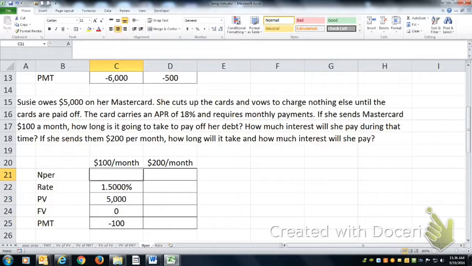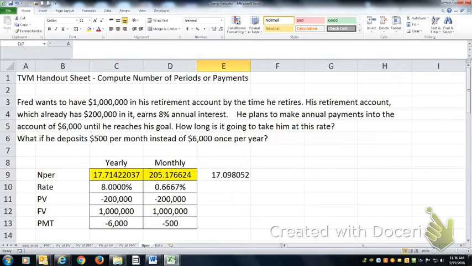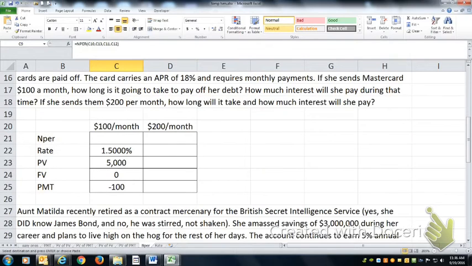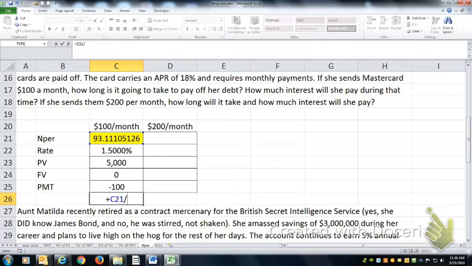Alright, so if we solve for the number of periods at $100 a month, I'm just going to copy this down again with cell references. It'll take 93 months, and that would be roughly, divide that by 12, 7 3/4 years, a little under 8 years.